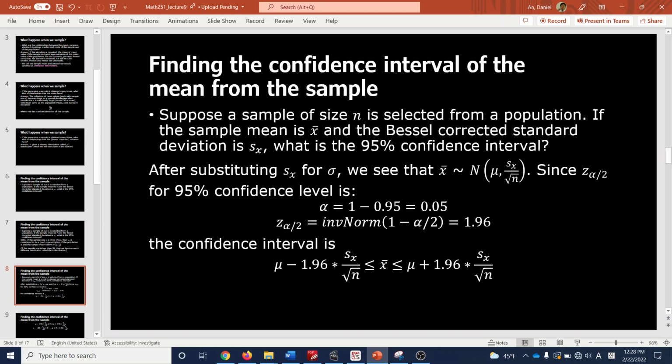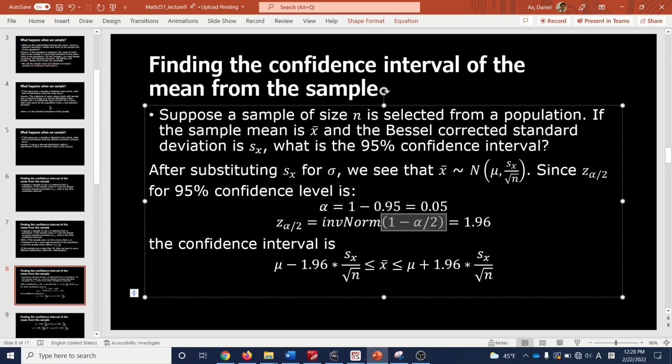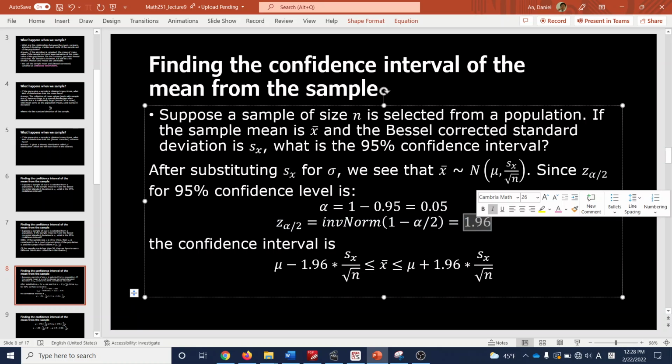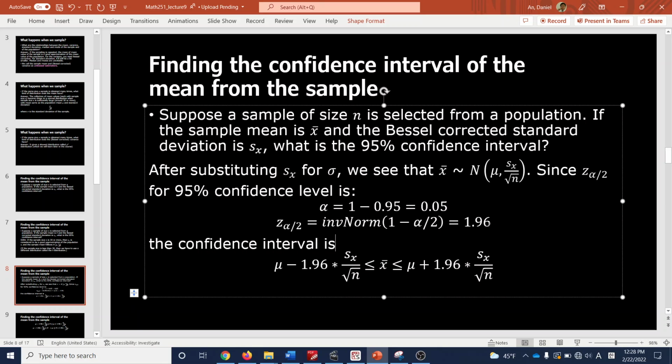But 5% divided by 2, alpha over 2, gives you 2.5%. So you have the 2.5% taken from the 100%, that gives you the 97.5 percentile. That is actually the place where you want to draw the right side line, because you want the confidence interval. So if you go from negative 1.96 to positive 1.96, it's going to capture 95% of the bell curve. Okay.